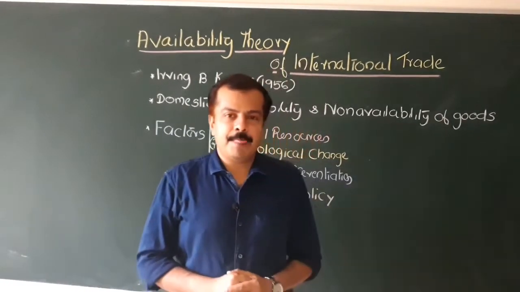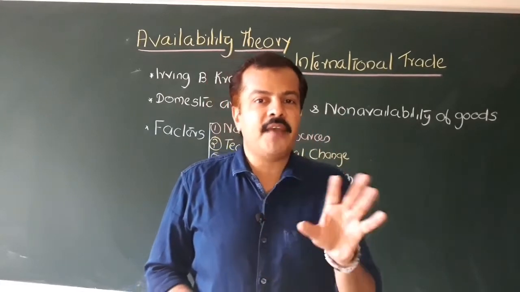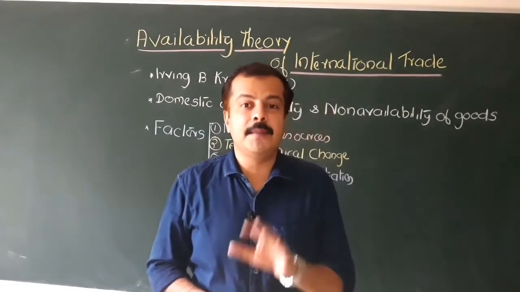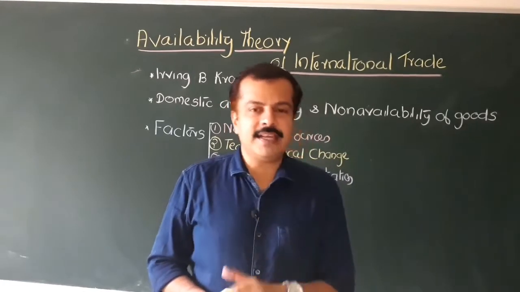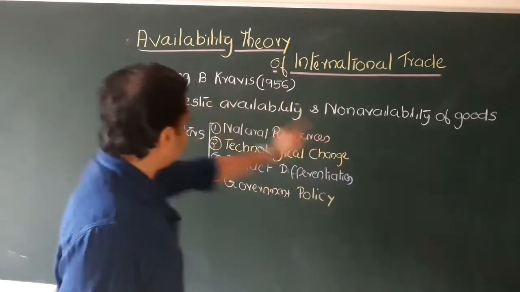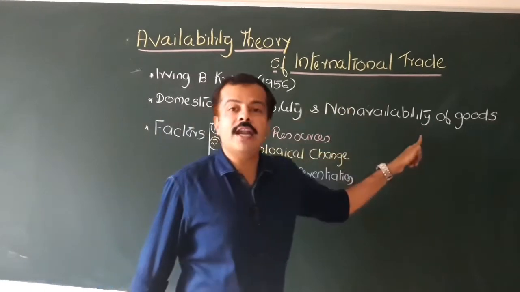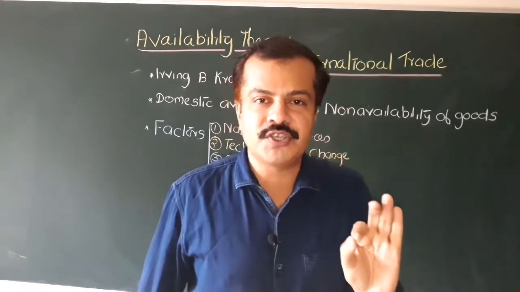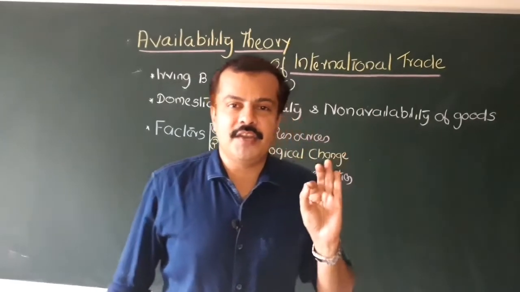Kravis pointed out that the technological differences between countries can in fact determine or influence the pattern of trade. The theory is known as the availability theory because Kravis asserts that it is the domestic availability and non-availability of goods that influences the pattern of international trade.